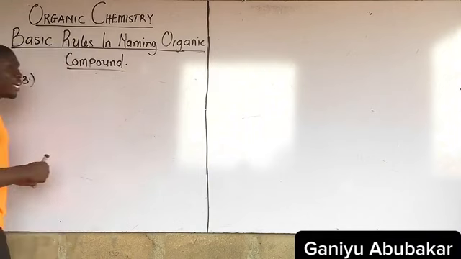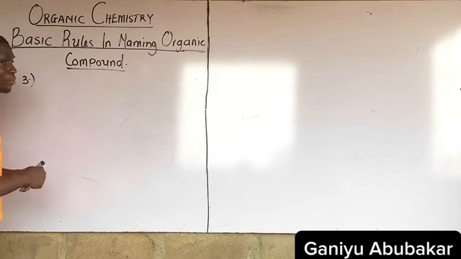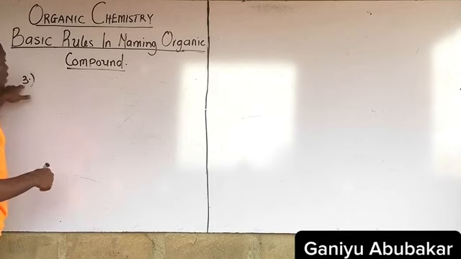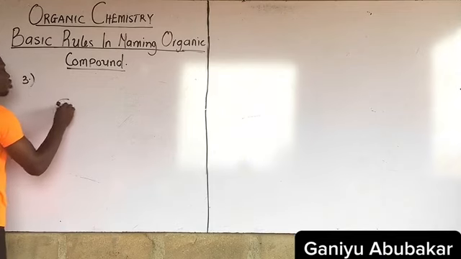So let's take a few compounds to explain the concept using the idea of rule 1, rule 2, and rule 3. Let's say I have a compound such as this.